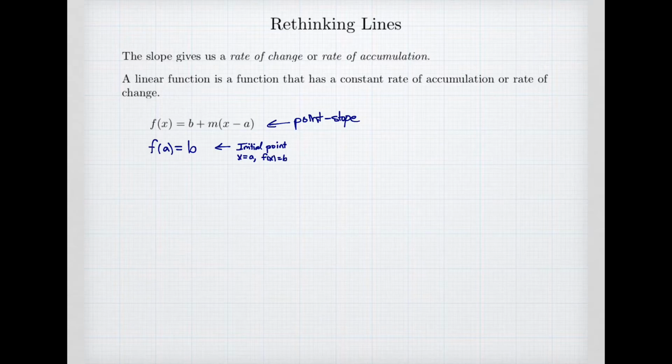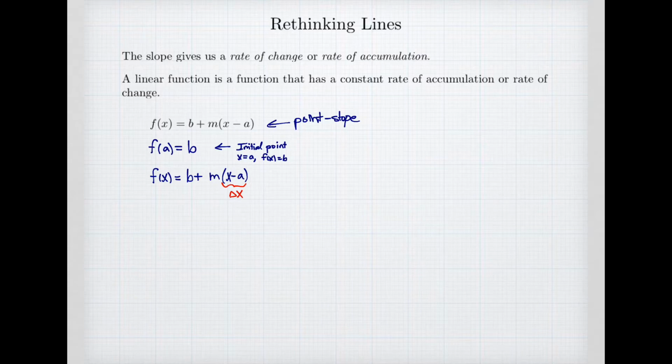Okay? So how I can interpret the point-slope formula is that when I say f of x is b plus m times x minus a, the x minus a is measuring how far away x is from my initial x value.